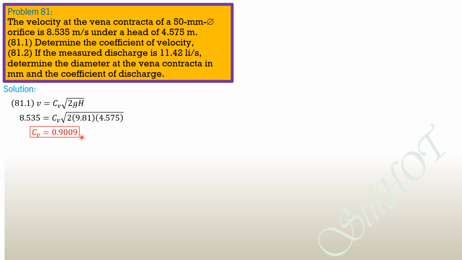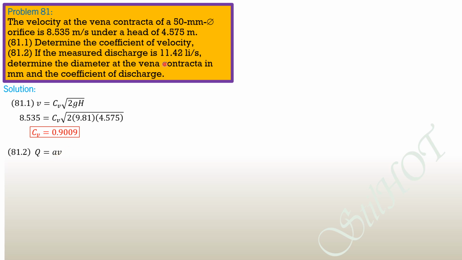Then for the second part, discharge is given. To compute first the diameter at the vena contracta using Q equals area at the vena contracta times actual velocity. So that's the first way of solving for the diameter of the jet at the vena contracta.